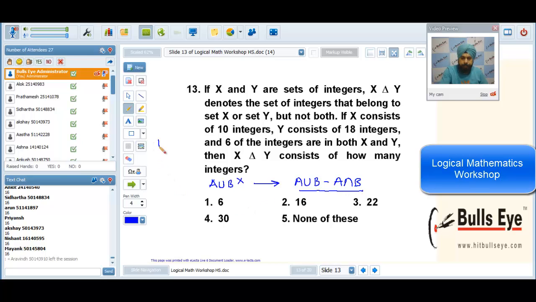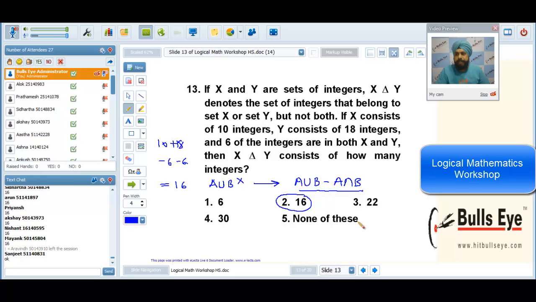So it will be 10 plus 18 minus 6 minus 6. Answer will come out to be 16. Is that okay? An error which happens because you need to subtract it twice. Okay, moving on.